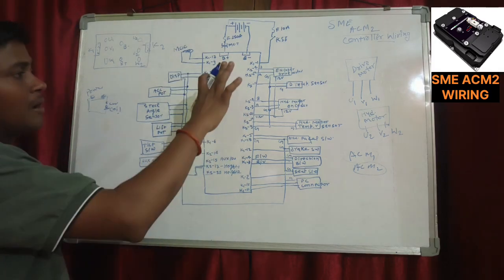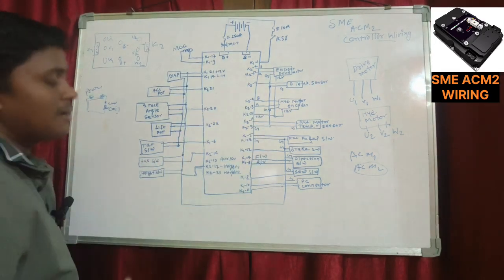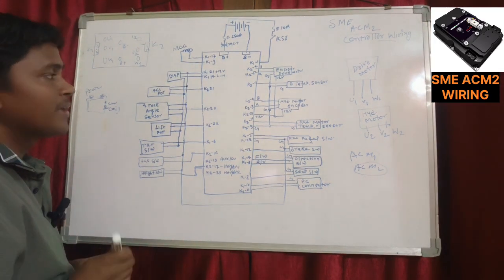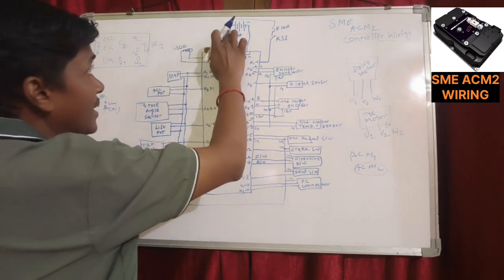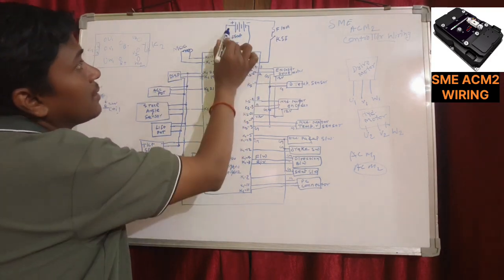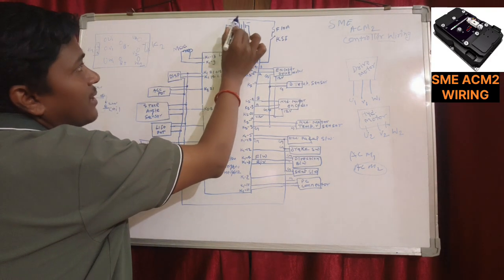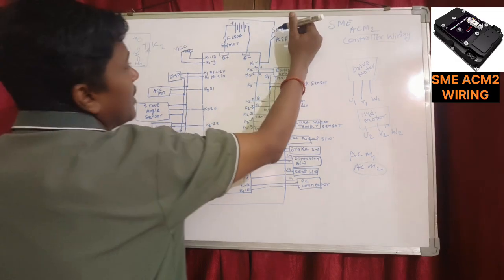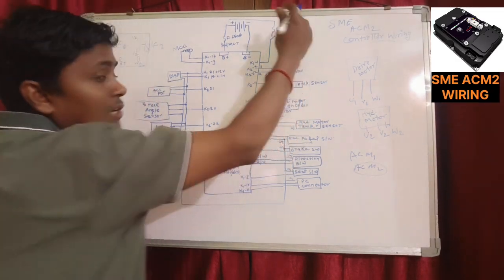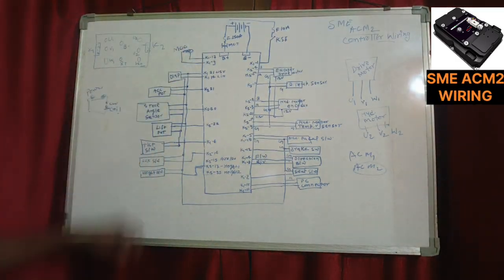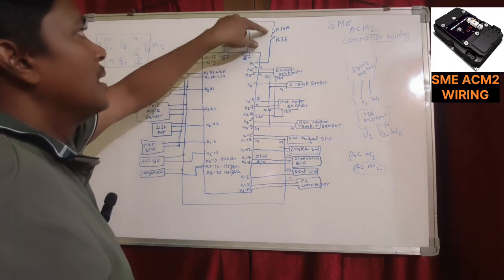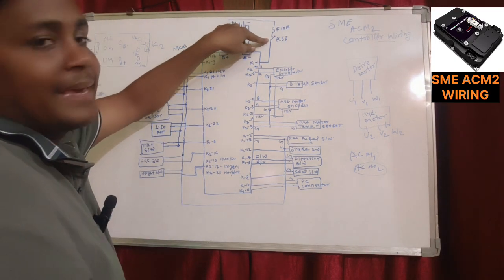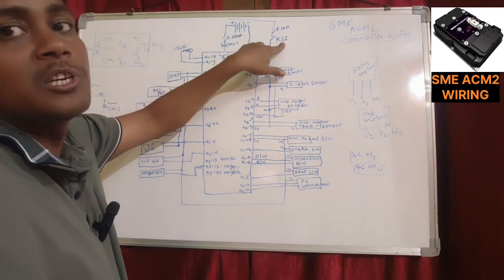Now we come to the communication wiring. Directly from the battery positive connection there will be one 10 ampere fuse for powering the controller. After the 10 ampere fuse comes the KSI, the key switch input.